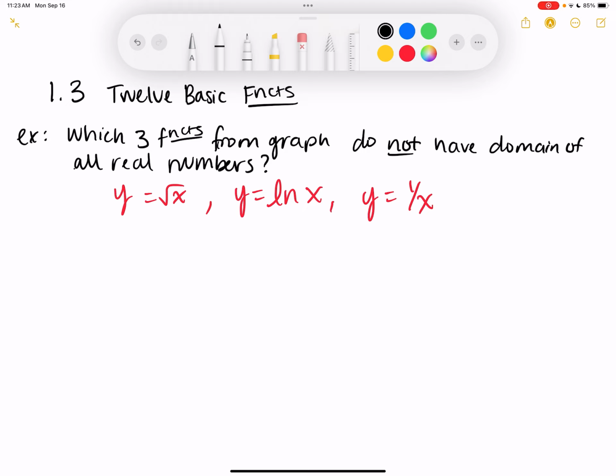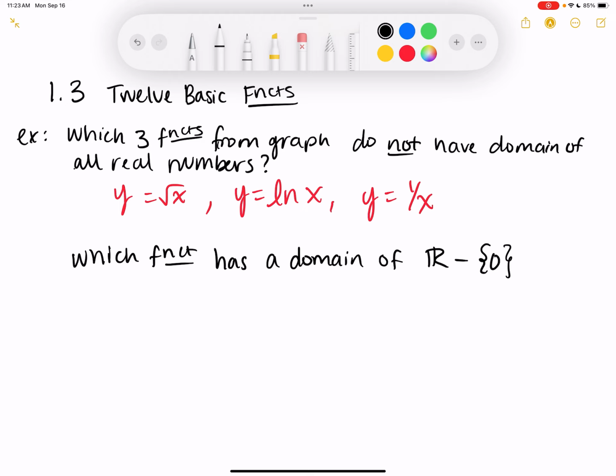All right, which function has a domain of all real numbers minus the set of 0? So basically it means it takes on every number except for 0. So which one of the three that we just listed fits this requirement?